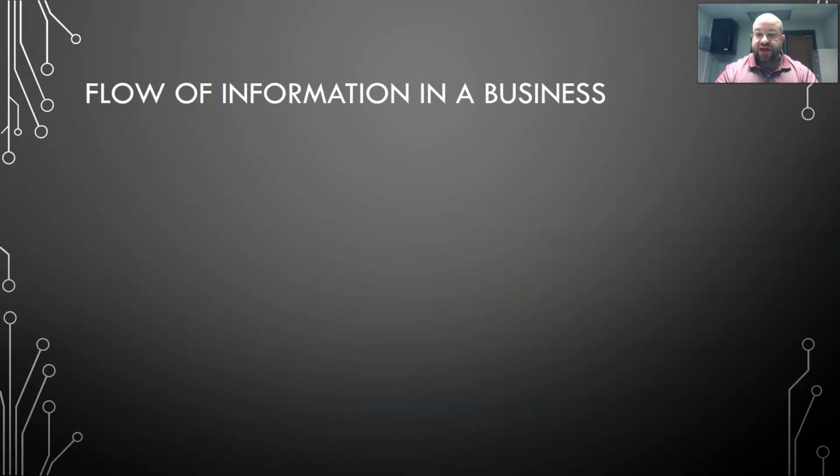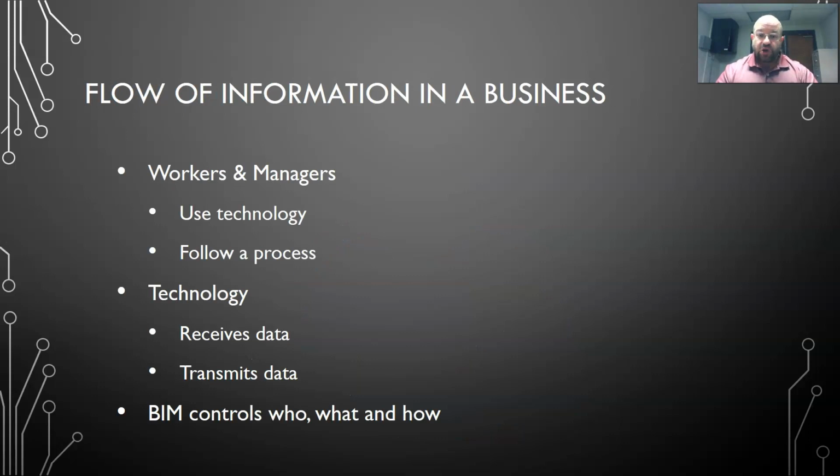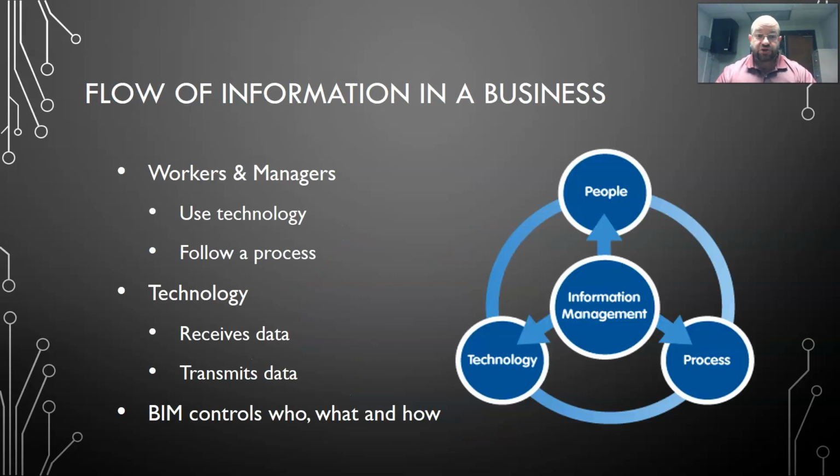So let's look at the idea a little bit deeper. Workers and managers or customers use technology to access the information. That's easy. They might have to follow a process to access that information, or the technology that they use might have to follow a process to access that information.